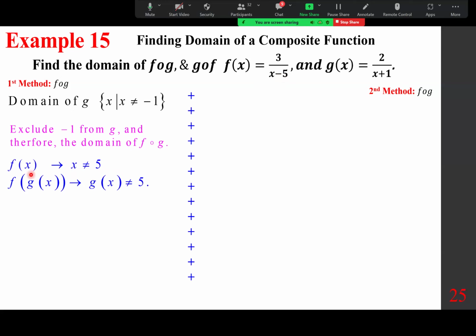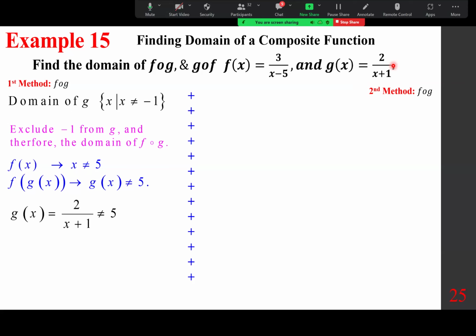If x can't be 5, and we are replacing it with g of x, then g of x can't be 5. So this is the first method. Pay attention and compare and contrast, see which one is easier for you. So therefore, g of x can't be 5, which means you're going to set g of x equals 5 and exclude it. g of x is 2 over x plus 1, can't be 5.